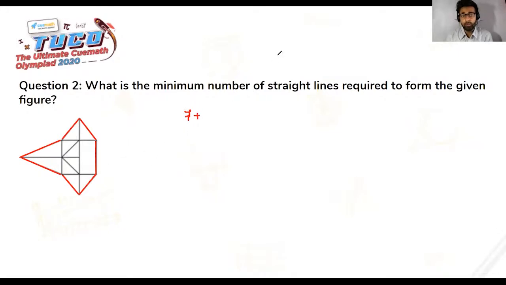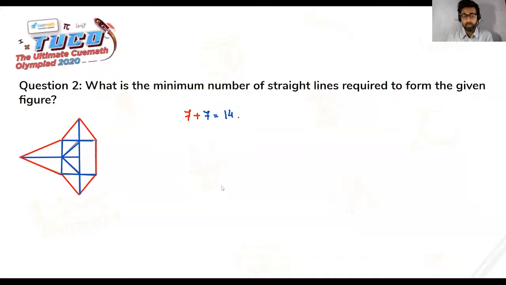Now let's talk about the number of lines I need inside of the figure, isn't it? So if I look carefully, I have 1, I have 2, I can consider this straight line to be 1, 3, then again the same to this, 4, 5, 6, and then again 7. So we were able to find out 14 of them, isn't it?